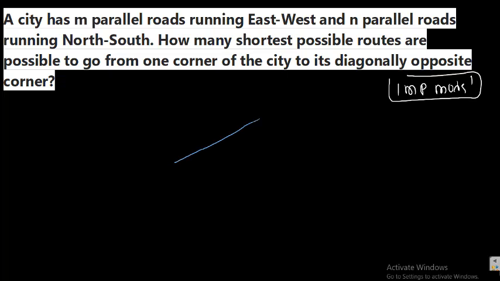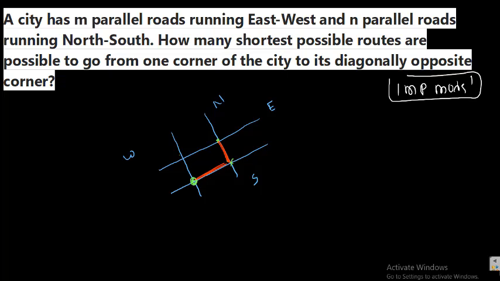For example, these are the two roads from east to west, and assume that there are two roads from north to south. The question is saying that a person wants to travel from this corner to the diagonally opposite corner. How many different ways can he travel so that the distance is minimum? One of the ways is this one, red color.